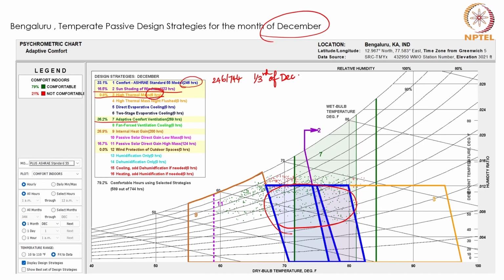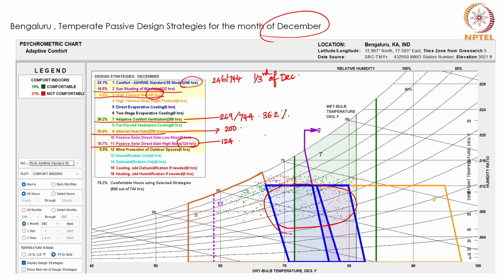Using adaptive comfort ventilation can push 269 hours out of 744 hours into comfort zone, which is about 36.2%. Meanwhile, internal heat gain can also make the indoors comfortable by 200 hours. Passive solar direct gain with high mass can push the indoors into comfort by 124 hours.